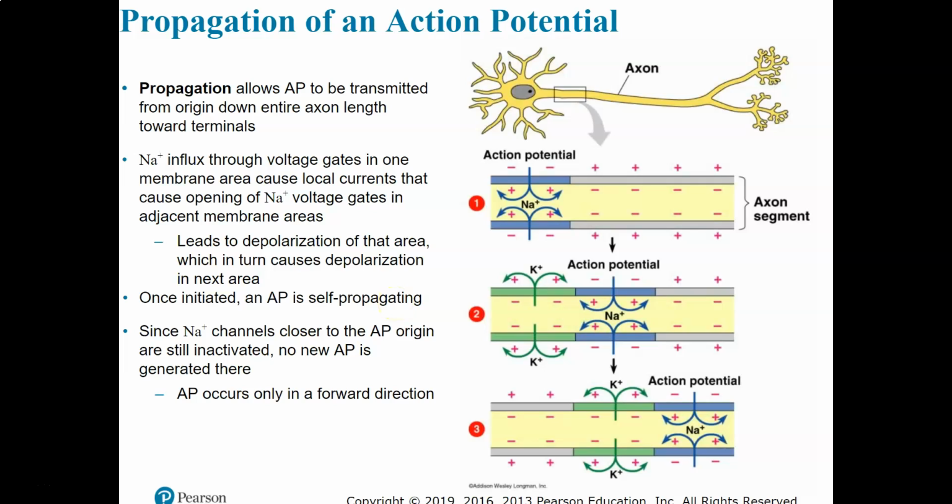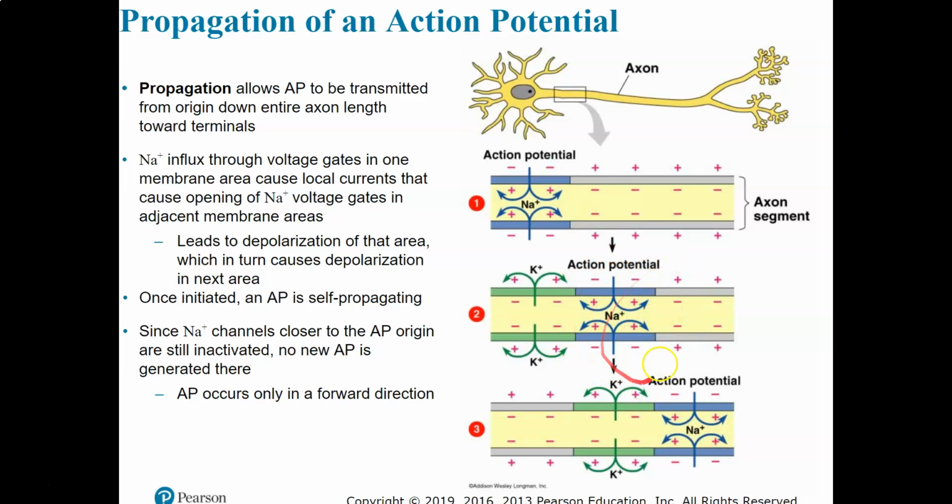Action potential, as it travels down the axon, is self-propagating. The opening up of sodium channels causes a sodium current, which depolarizes that area and causes nearby voltage-gated sodium channels to open and depolarize that area.